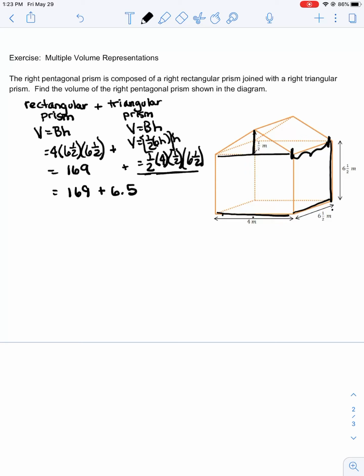So when I add those two together, I get 175.5 meters cubed, and that would be my volume of this entire figure. And that ends the lesson.